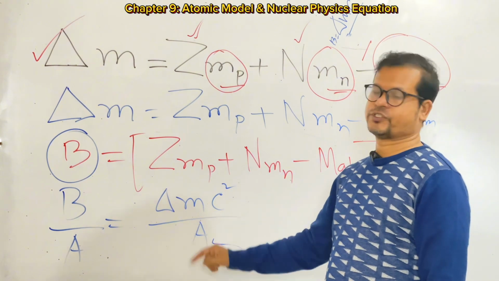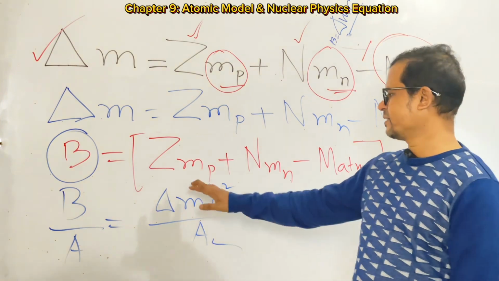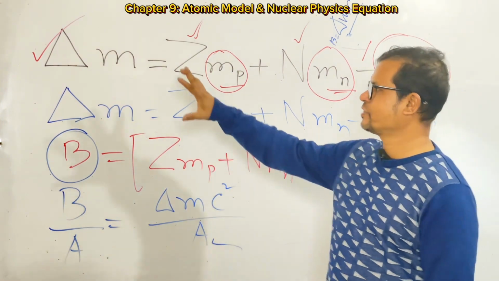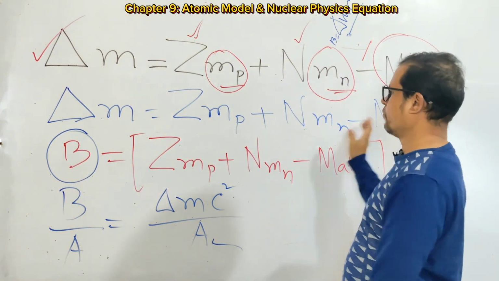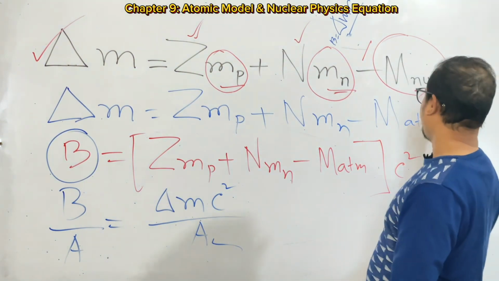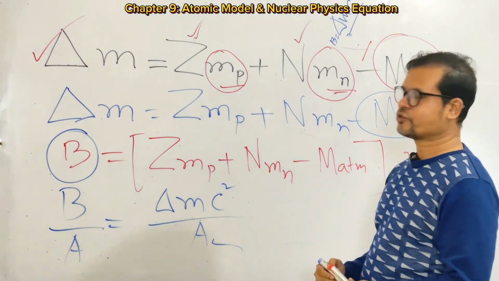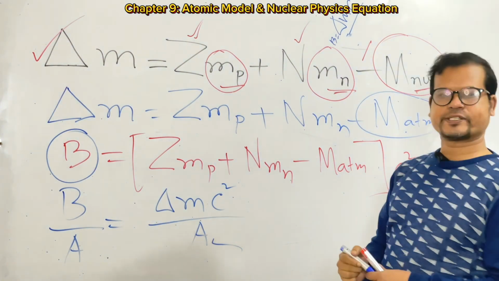B over A equals delta M c squared over A, and A means the atomic mass number. See here, c is the velocity of light, delta M is the mass defect, and this mass defect we find by this formula. Usually we use this formula with the mass of the atom. Actually, the mass of the atom and the mass of the nucleus are the same, anyway.